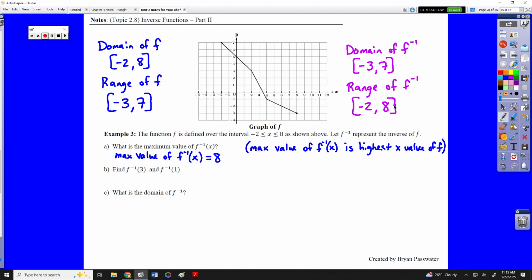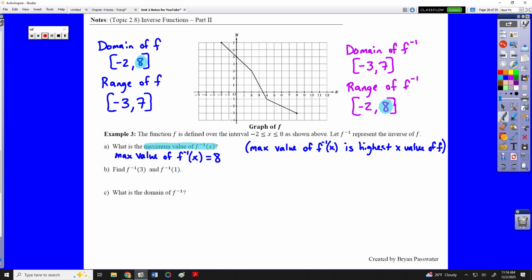We know that the maximum value of f inverse is going to be the right endpoint of the range of the inverse, which is equal to the right endpoint of the domain of the original function.